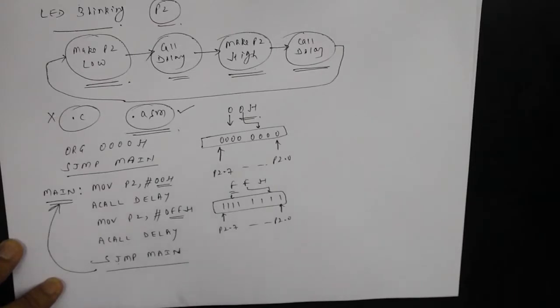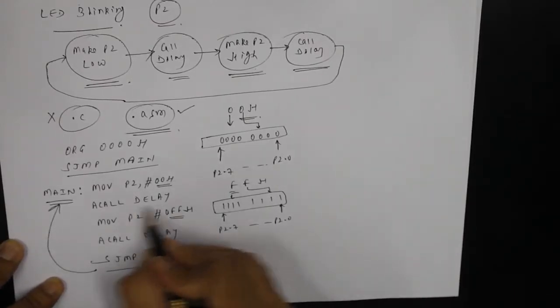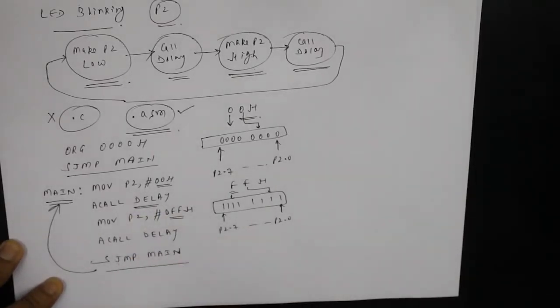Now the most important point in this particular case is the delay: how to generate the desired delay in assembly. We have seen how we can use a for loop in C language for generating the desired delay, and now you have to see how you can generate a desired delay value using the assembly language programming approach.